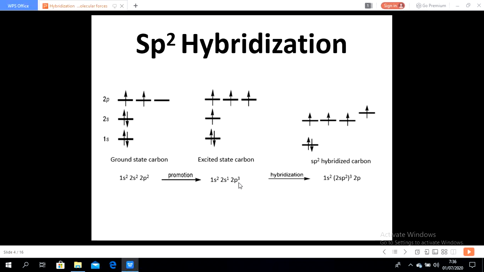A pi bond occurs when there is an overlap of p orbitals. This one is the sp2. So there are two p, and then this p orbital will overlap with another p orbital of another element. That is forming the second bond, called the double bond.